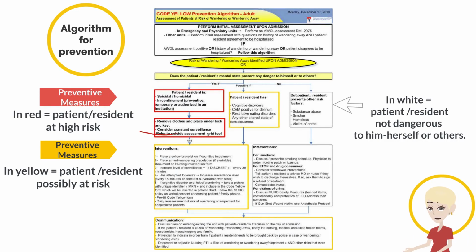In red, you find high-risk patients, such as suicidal patient or patient kept under confinement. In yellow are patients identified as potential risk, which include those with cognitive disorders, eating disorders, an altered state of consciousness, or delirium. And in white are the patients who do not present any danger to themselves or others.